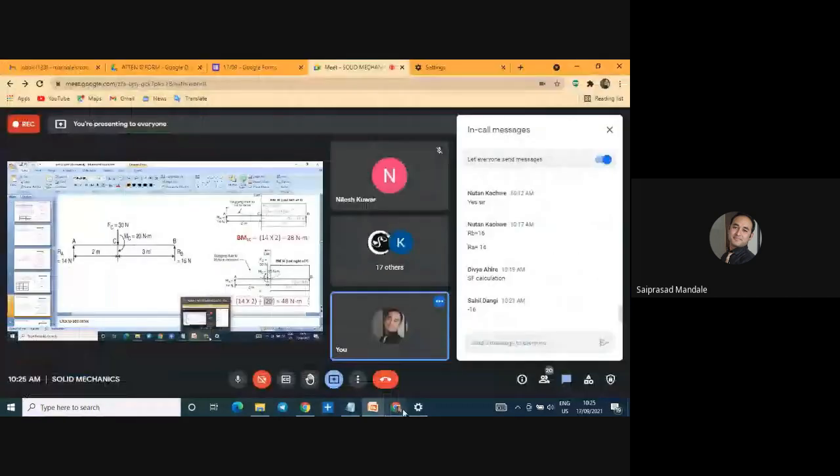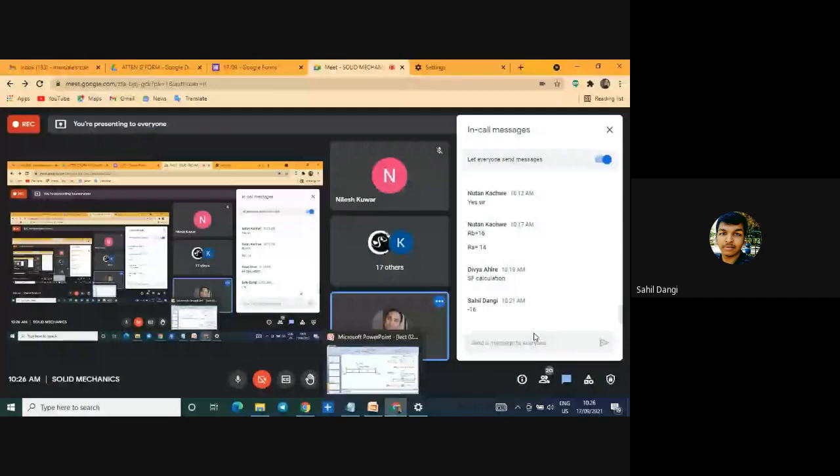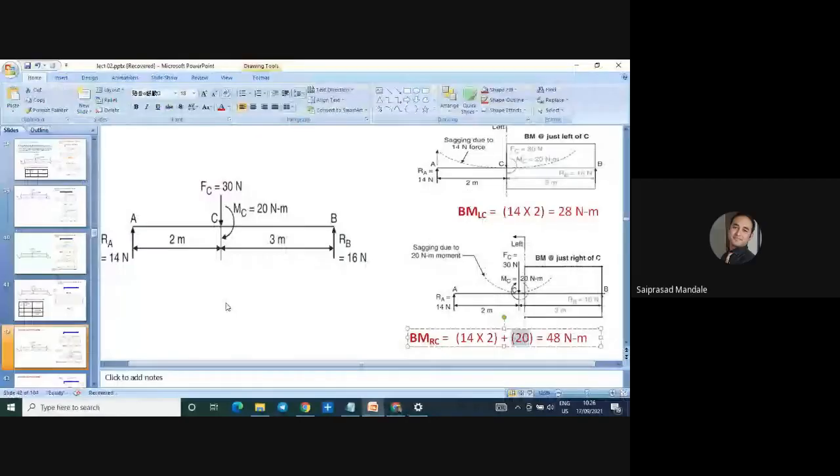Sahil Dangi, you are talking about minus 16 in the SF calculation. Please unmute and tell me what is the issue. Sir, right of C, SM calculation. SF calculation, let me check.